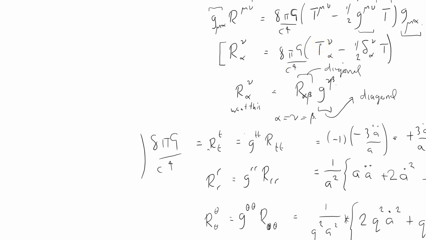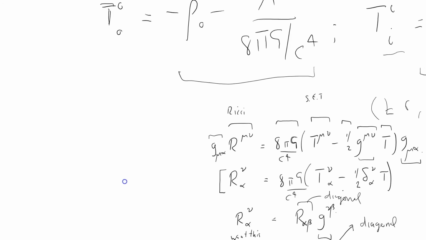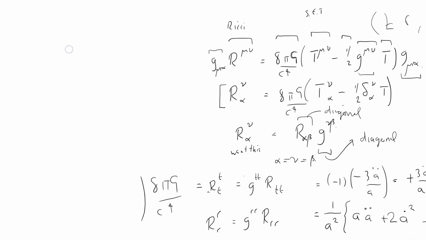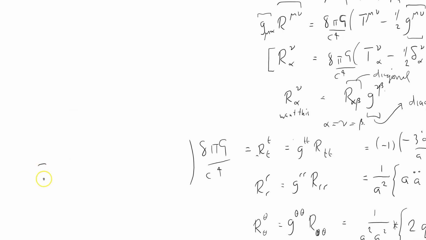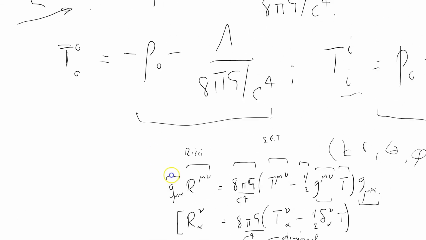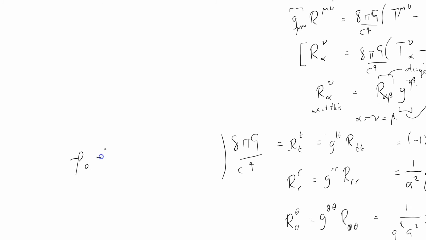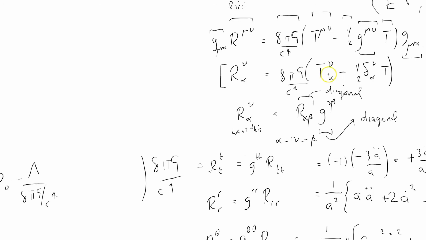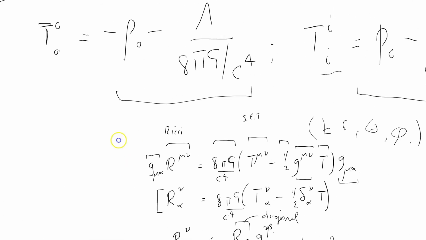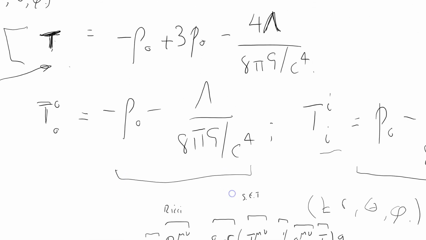So T mu nu, which is the 0 component I'm interested in, so it's minus rho 0. Is it plus or minus? It's minus lambda, minus the cosmological constant upon 8 pi G over c to the power 4. So that's that bit there. Minus a half, the delta is 1, times the stress energy scalar T, which is this term here, so it's minus plus minus.